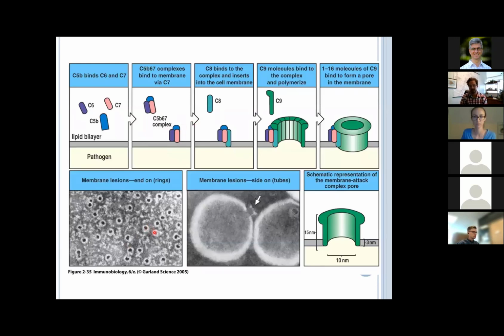And these pores that it forms look almost exactly like the pores that are formed when T cells kill a target cell, but it evolved independently. So it looks very similar, but evolutionarily, the gene products are unrelated. The mechanism itself is basically just the same mechanism.